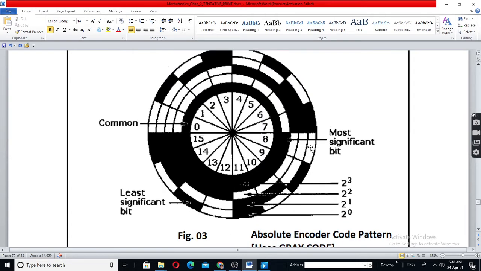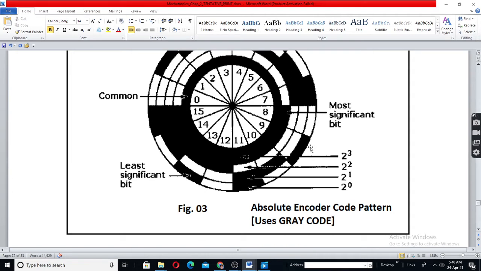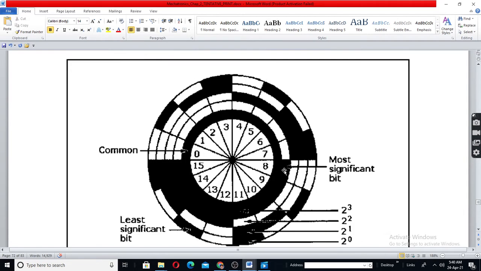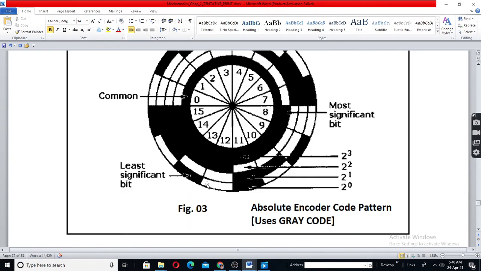Okay, so like this it will go. You have unique pattern. Okay, this is the LSB. Okay, and this is the MSB. Most significant bit is the inside one, least significant bit is the outside one.